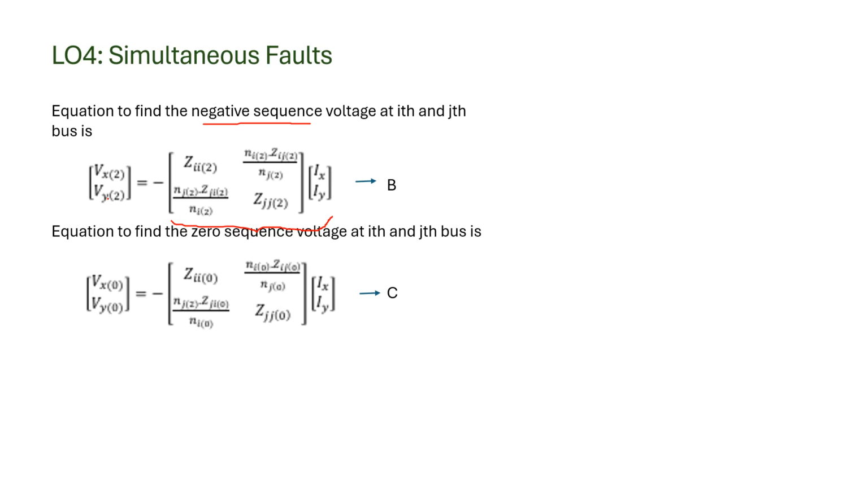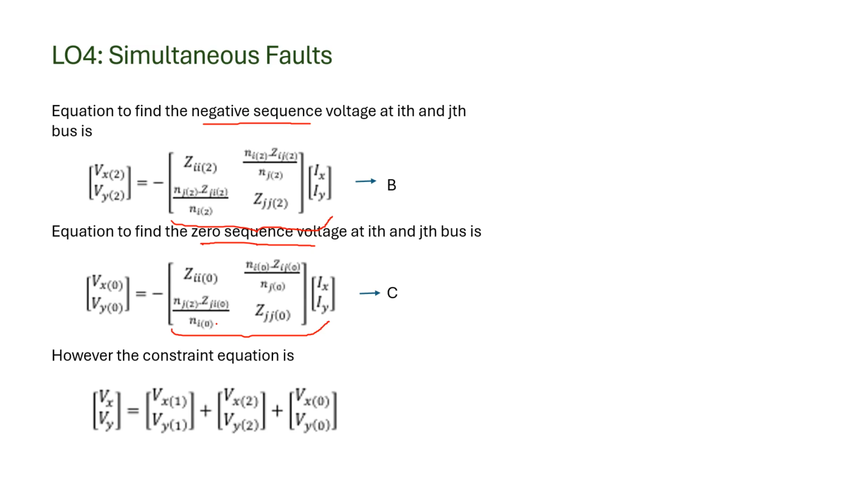Similarly, you can have the zero sequence voltage. Here also the pre-fault voltage is zero. No zero sequence voltage will be there in the system before the fault, and that's why you will not have that pre-fault voltage vector, and this matrix multiplied by this matrix will give you the change in the voltage at that bus. Now you have to add.